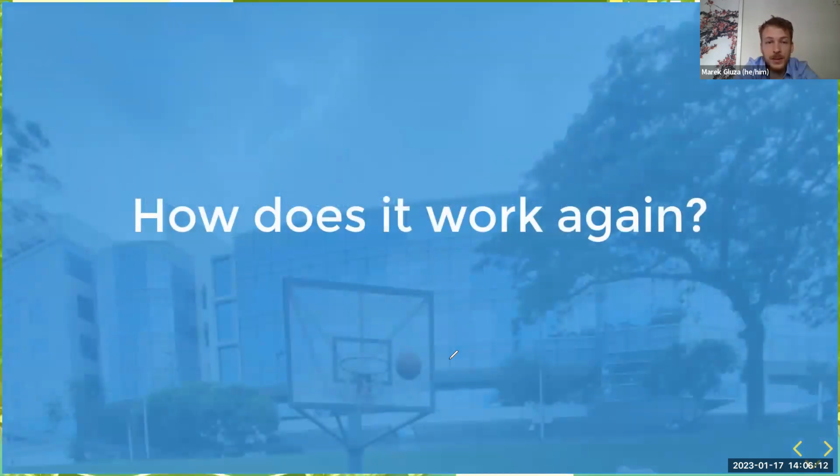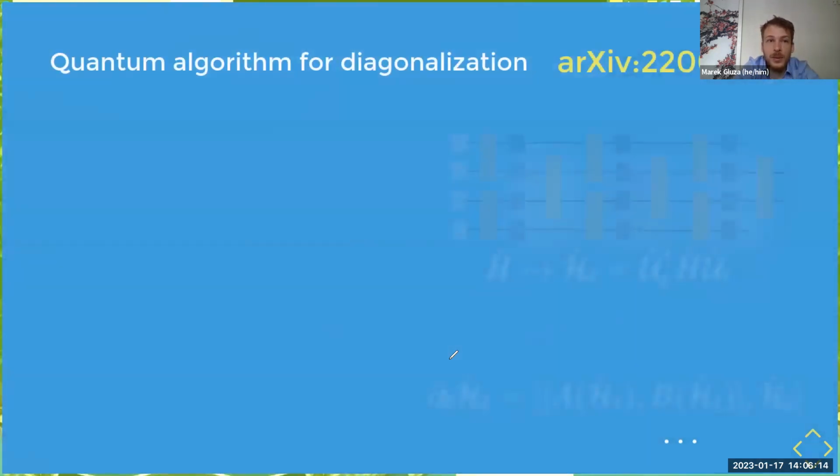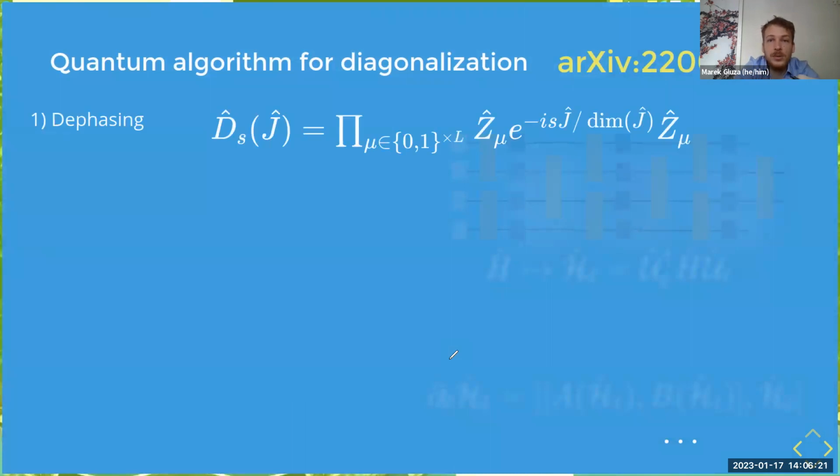Okay, so how does it work again? We have this quantum algorithm for diagonalization based on the double bracket flow. So the canonical bracket involves this delta operation, restriction to the diagonal, and we do it by interlacing the evolution with phase flips.